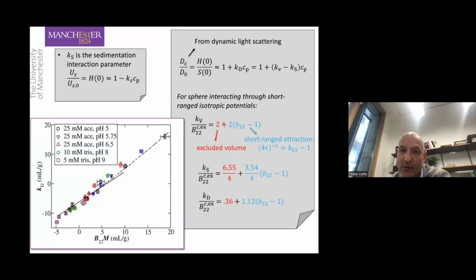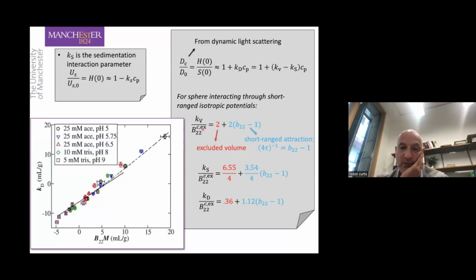For spheres interacting through short-range isotropic potentials, there's an analytical solution for the sedimentation interaction parameter, in part from Batchelor. If it's a short-range attraction, you can also determine the contribution of the short-range attraction to the sedimentation interaction parameter.